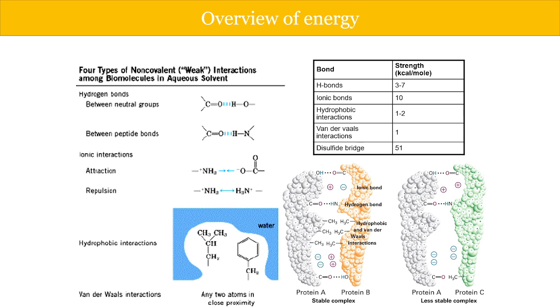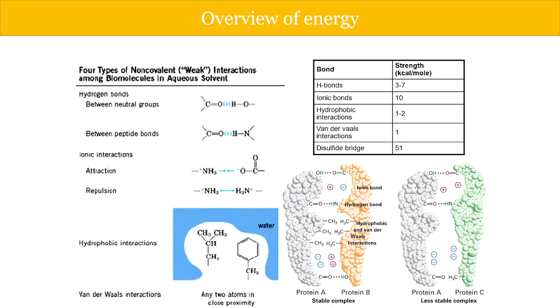Now if we take the example where we have a protein A and a protein B which interact very strongly, how do we know that? There are different experimental methods which tell us, but how will we know that these two proteins are very stable? For that, there are different kinds of bonds which get formed between these two proteins.